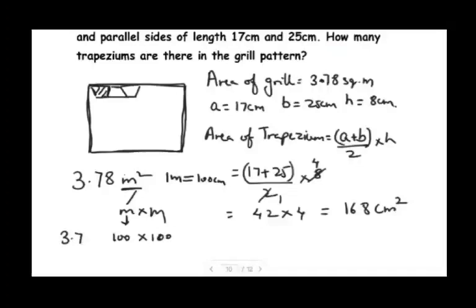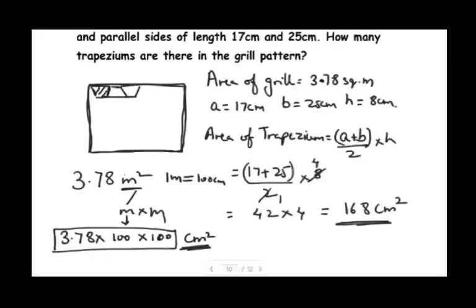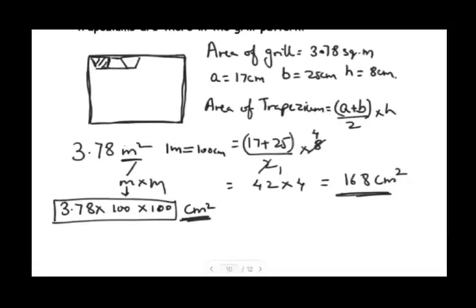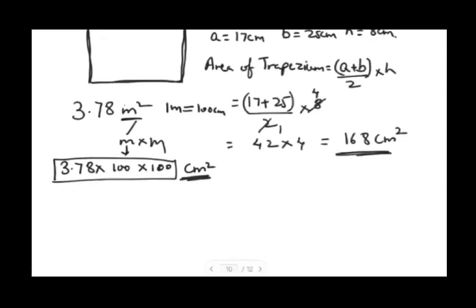So 3.78 into 100 into 100 will give me the answer in centimeters square. Children, why am I doing this? Because I need to find out how many trapezium are there. So I need to have my units in place. I need to have both in place.